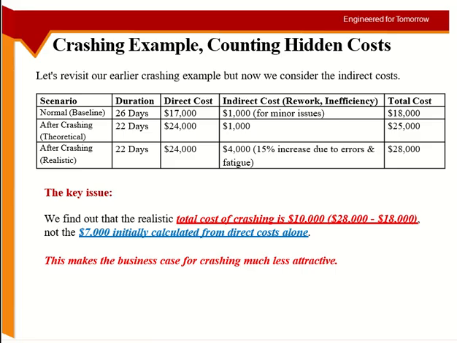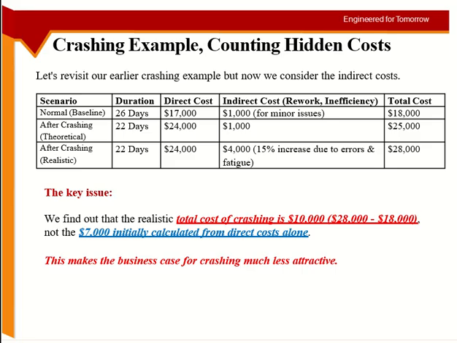Now considering this, when you are looking at it theoretically, which means you are not considering the practical issues with the labor when they have to work longer or when there are more people on the site. The issues can be that they will make more errors and do more rework and inefficiency and so on.